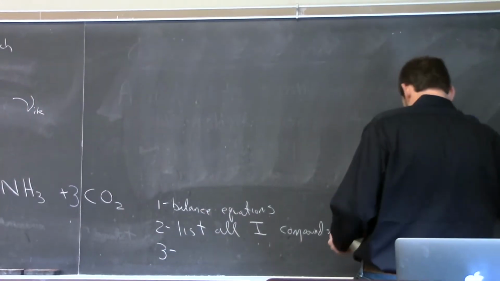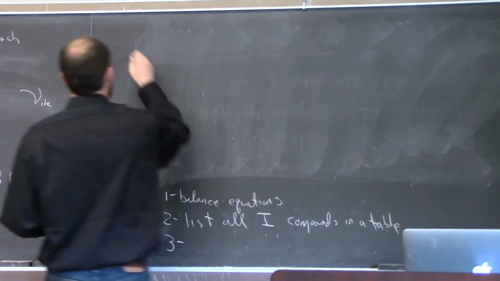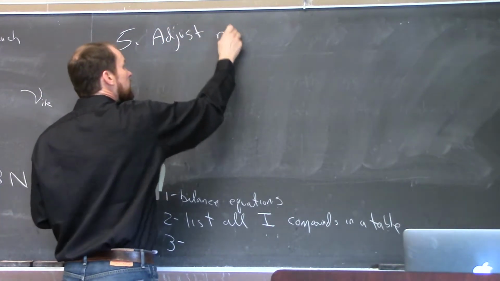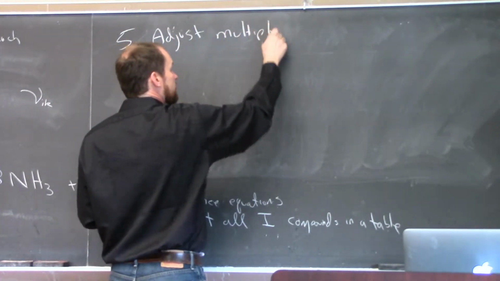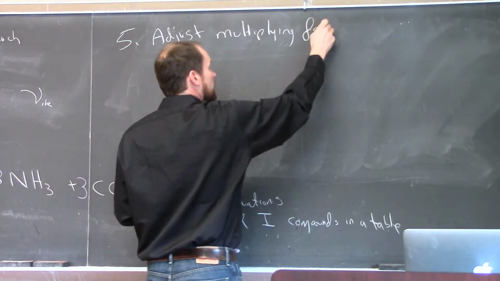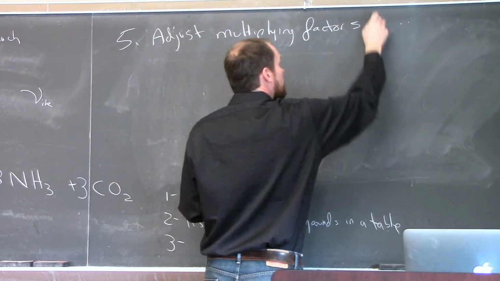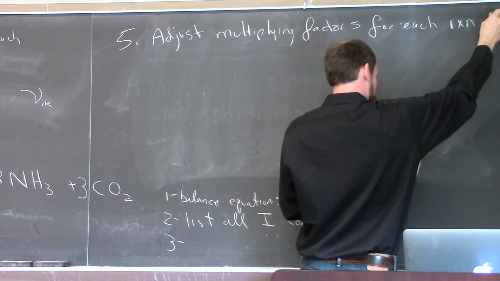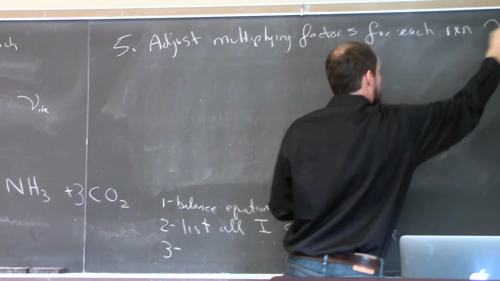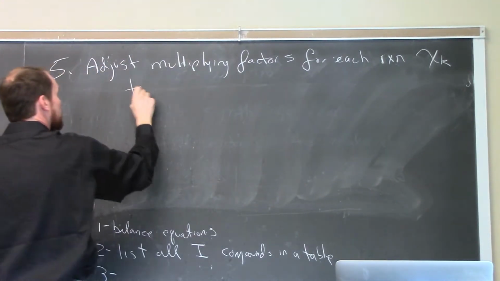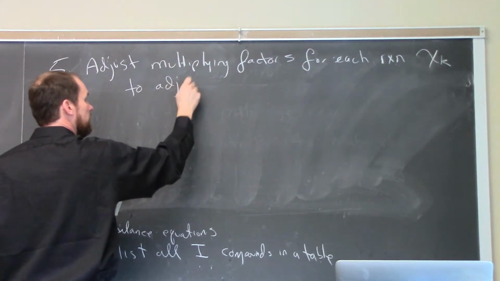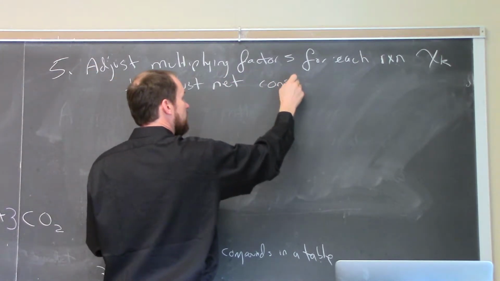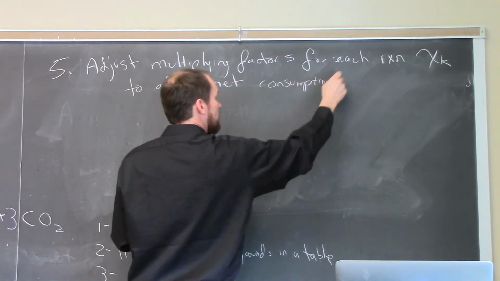Step 5 is going to be to choose those Chi's. So, step 5: adjust multiplying factors for each reaction, Chi k, to adjust the net consumption and generation.